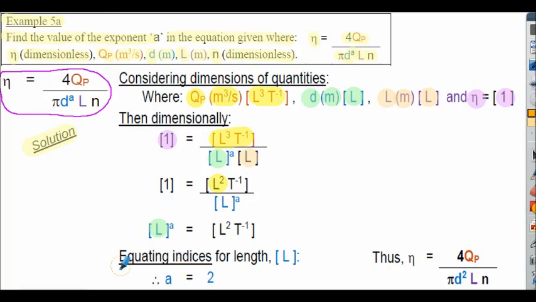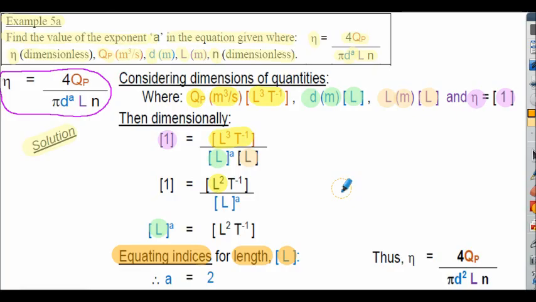And now we're going to use a process known as equating indices between the left hand and right hand side of the equations. And we can do this, equate indices for any of the dimensions that will help us form an equation. In this particular case, only dimension L, or length, will help us form the equation.